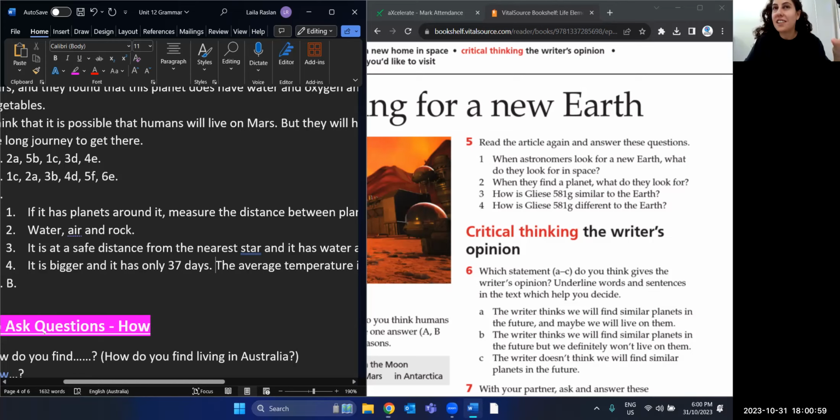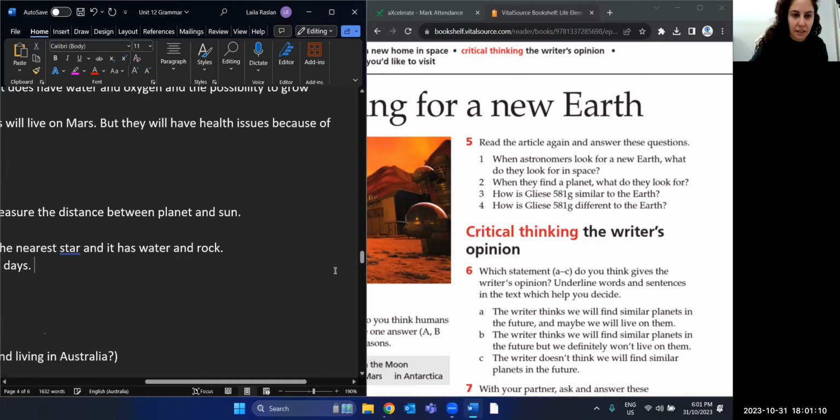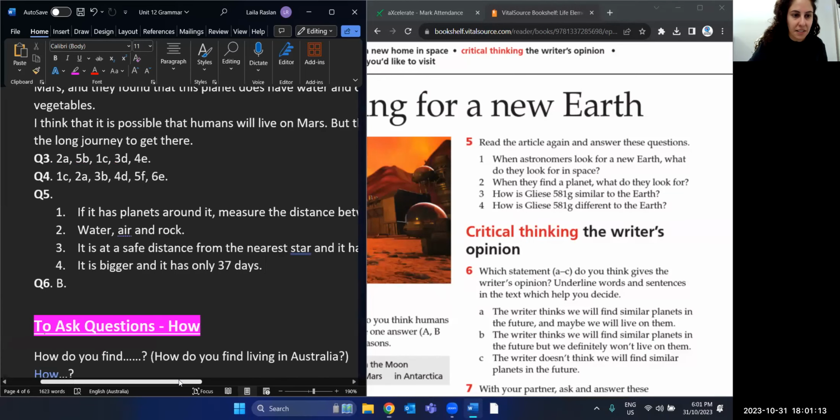Imagine 1 year, 37 days, that's 1 year. And also, yeah, I think that's how it's different. It is bigger and it has only 37 days instead of 365 days. Okay, so I got those answers from reading the article.